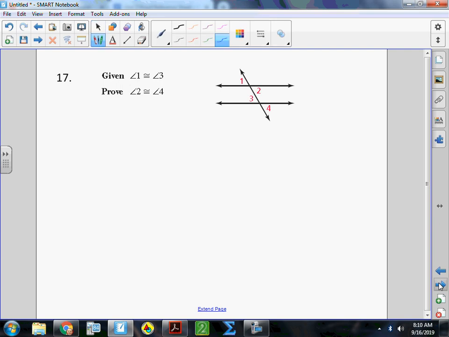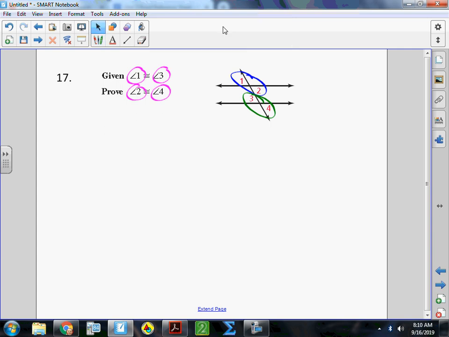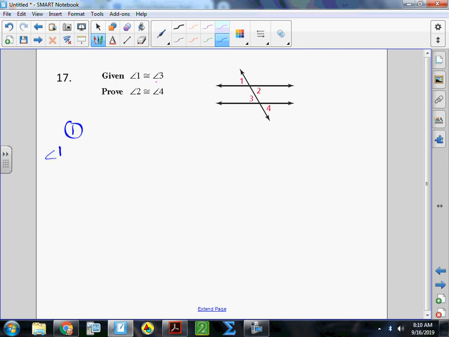So I have vertical angles 1 and 2, and I have vertical angles 3 and 4. And in my proof, I actually use all those numbers, 1, 2, 3, and 4. So it's a possibility that I'm going to use both of those relationships. I just need to start with one of them. It doesn't matter which. I'm going to say angle 1 and angle 2 are vertical angles.